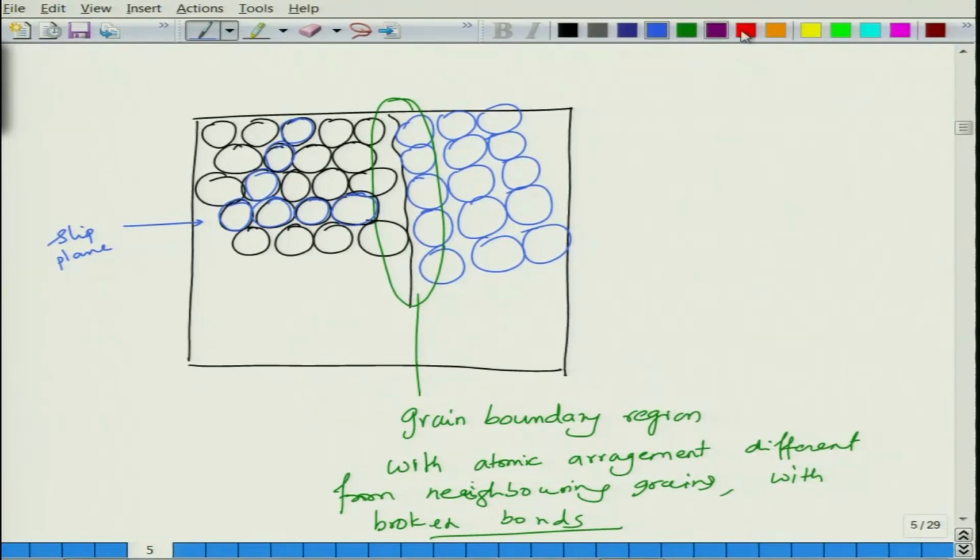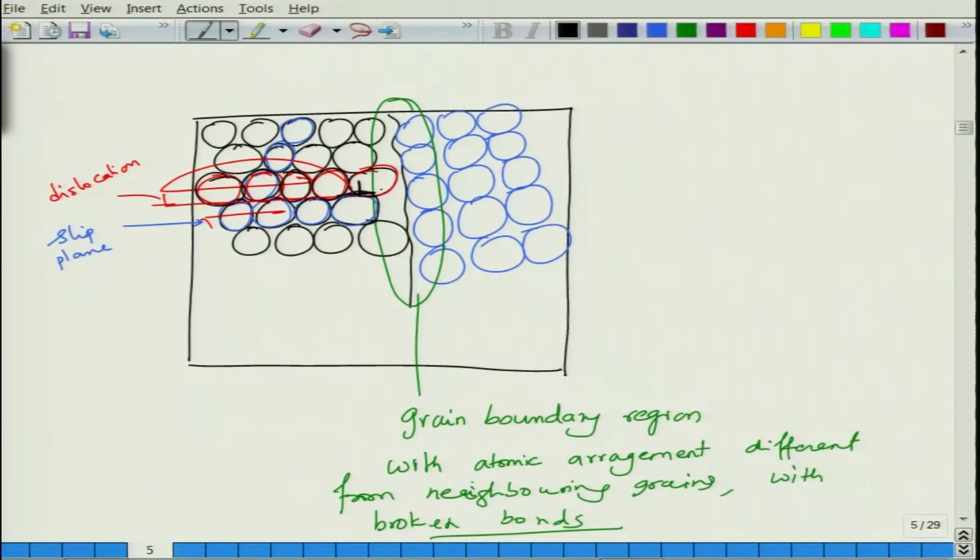So let us say this row of atoms on top, we had an extra plane of atoms which was moving here on top. So this was undergoing shear. Now when the dislocation reaches here, so you had a dislocation somewhere on this plane, and when this dislocation reaches here, let us say this is the new dislocation, it does not find a slip plane to move on.